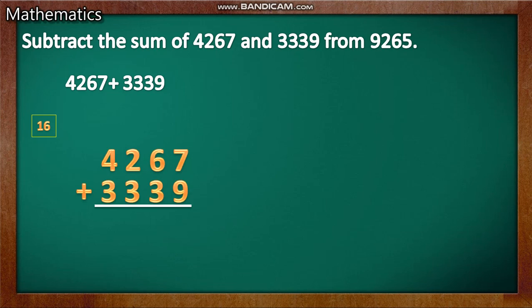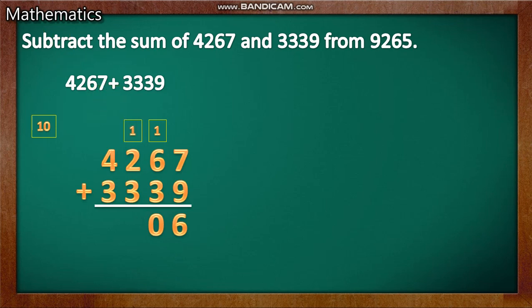16 is a 2-digit number. Then what will we do? We have to write 6 in the ones place and carry 1 to the tens place. Now 1 plus 6 is 7. 7 plus 3 is 10. So 10 is a 2-digit number, so write 0 there and carry that 1 to the hundreds place.